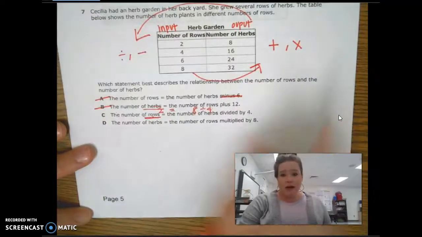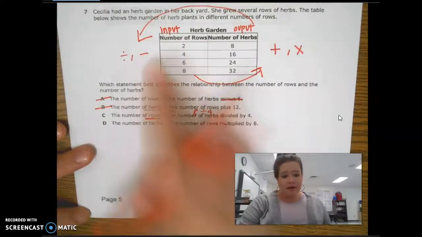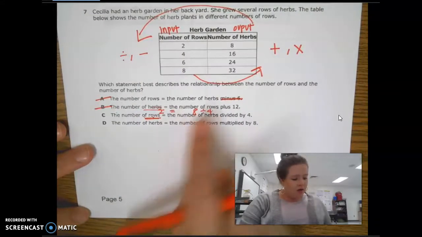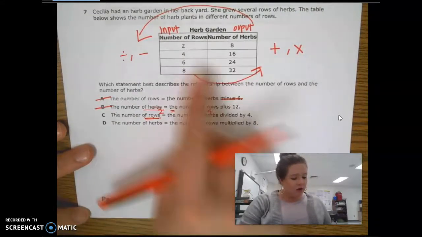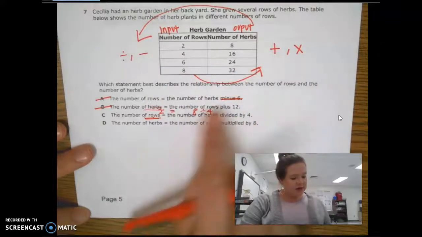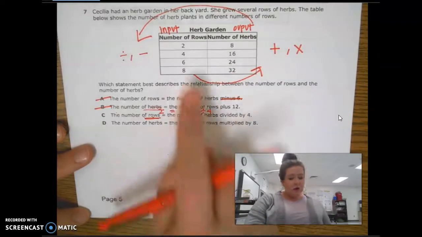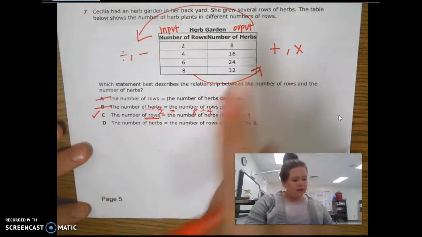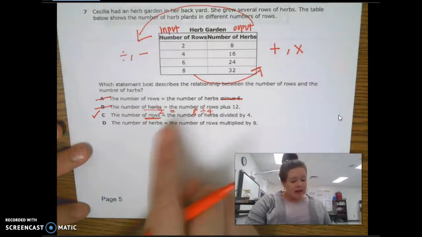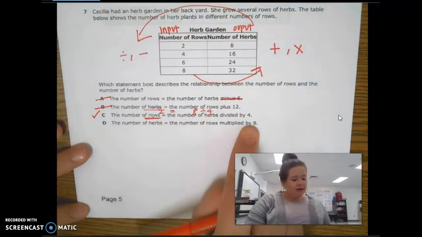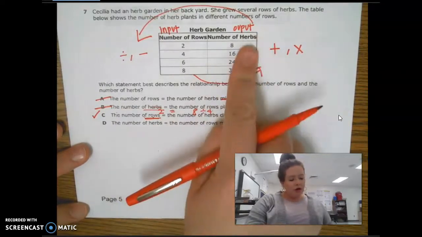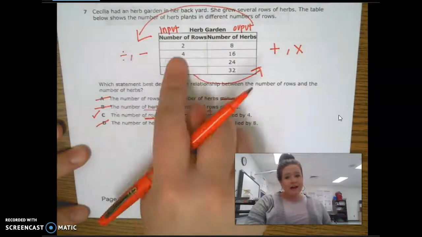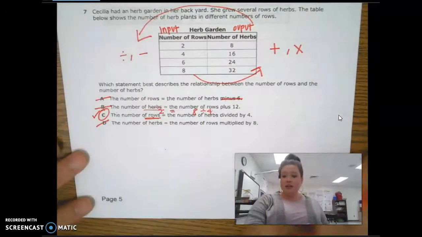To go that way, you're doing the opposite operations. 24 divided by 4 equals 6, and 32 divided by 4 equals 8. This one is true. The number of herbs equals the number of rows multiplied by 8. Well, if I'm going to go here, I'm either dividing or subtracting, and that one says multiplication, so that is wrong.